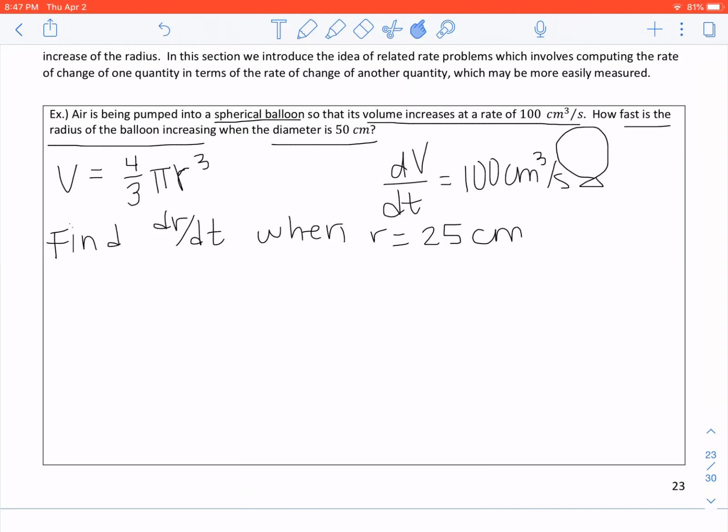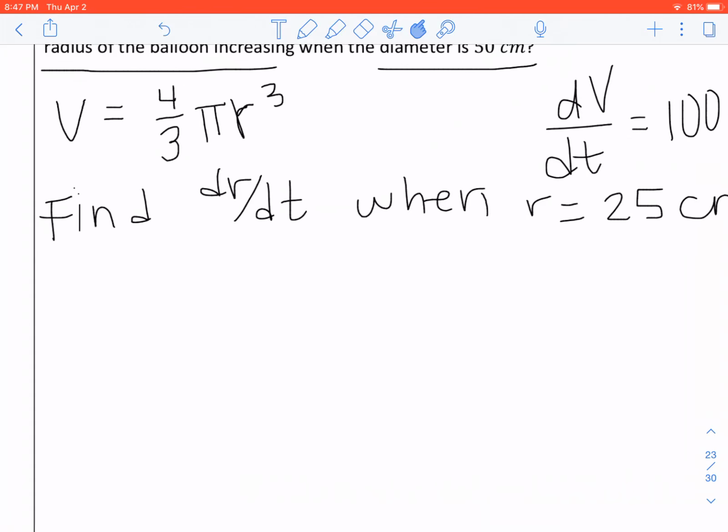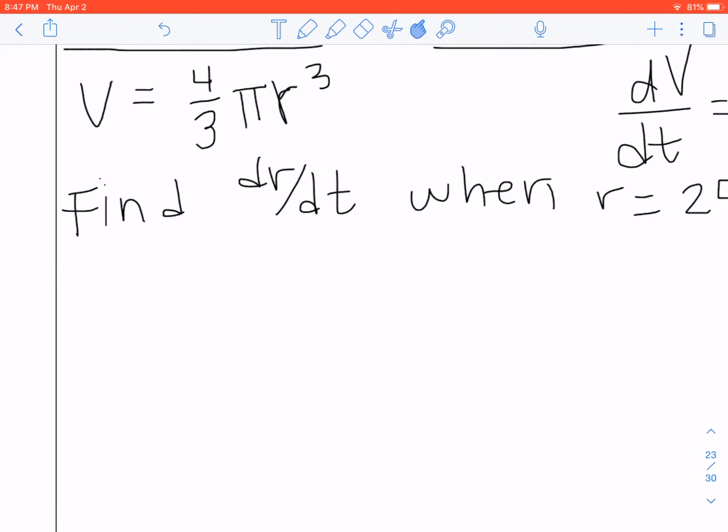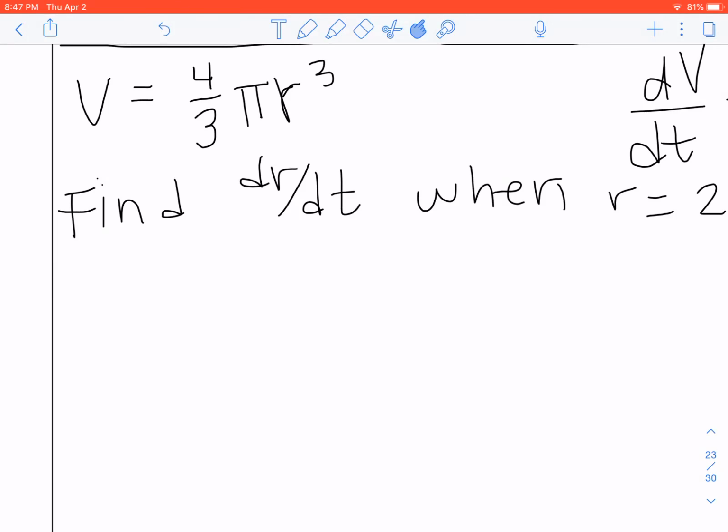In order to do this problem, I have an equation up here that relates the radius and the volume to one another. And I also have rates here, which means that we're going to have to take a derivative. So I need to take this derivative with respect to time on both the left and the right side. This is using the implicit differentiation that we learned earlier. The derivative of V with respect to time is dV/dt.